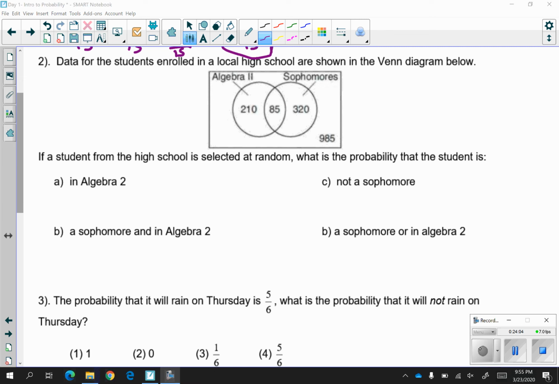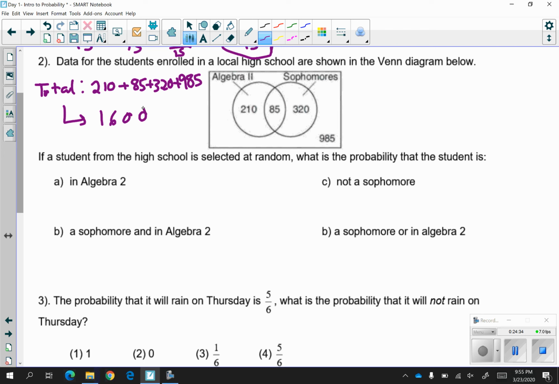For the next one, we're talking about Venn diagrams. So before you do anything, make sure that you actually find the total going on. And the total is adding up all of the numbers, including the 985 on the outside. That's going to give you a total of 1,600.